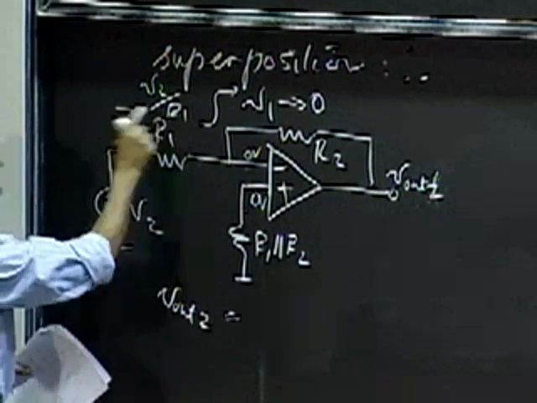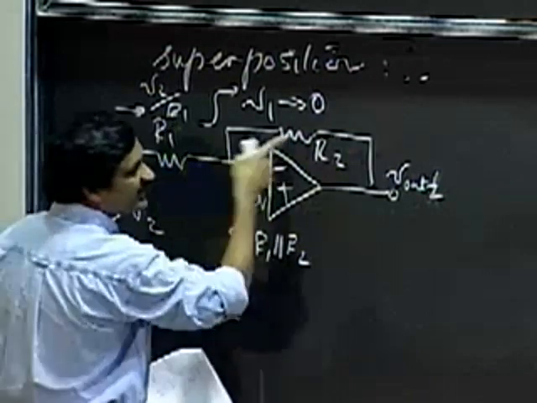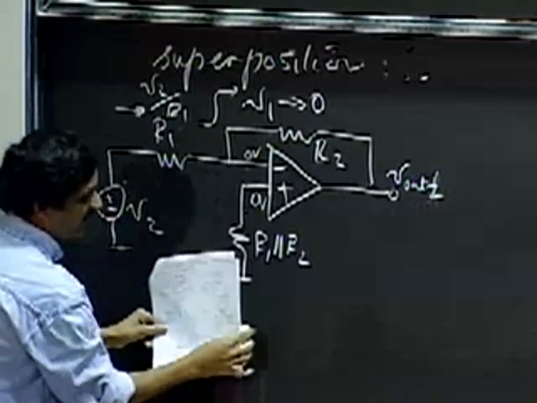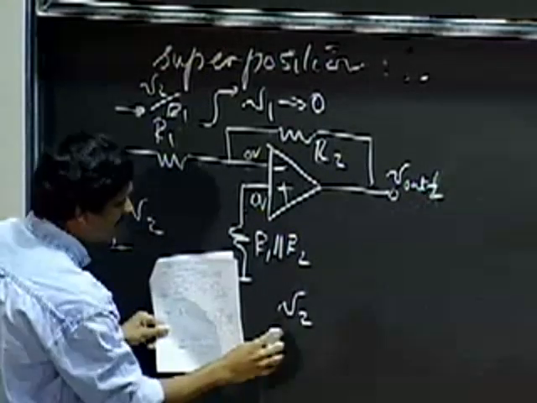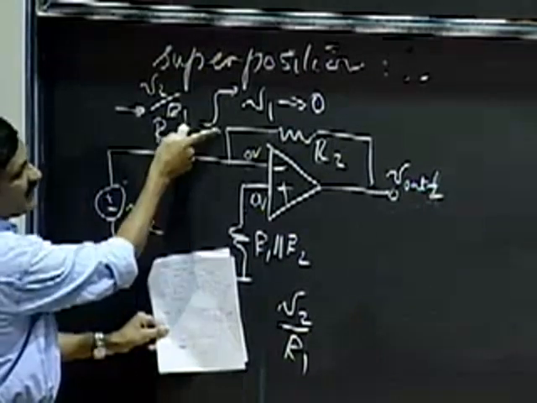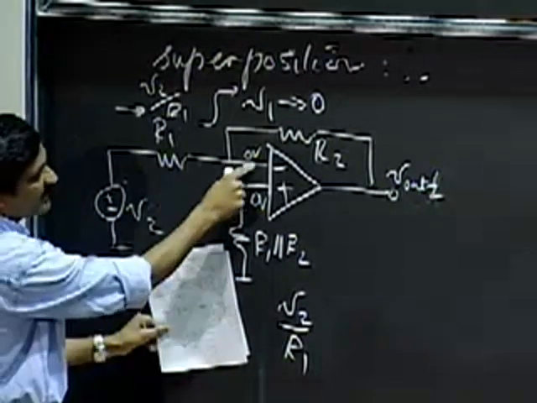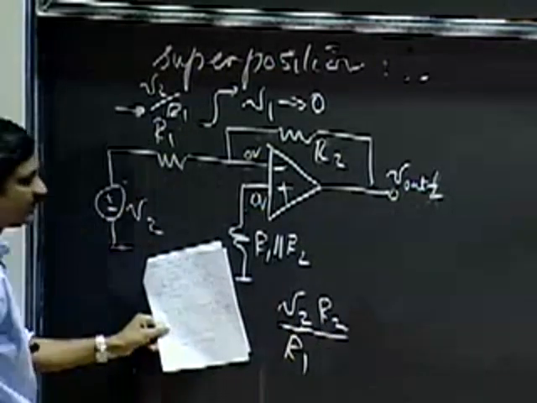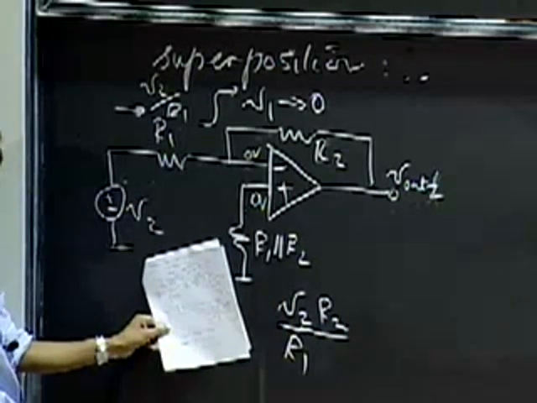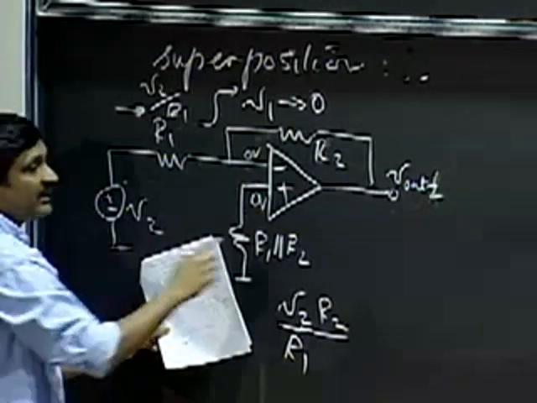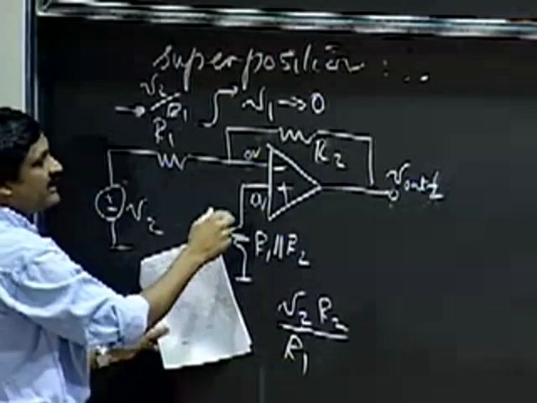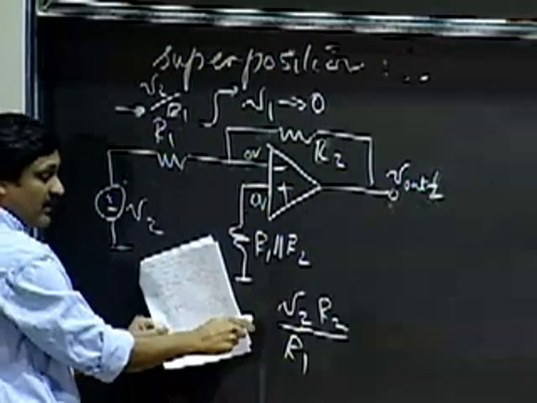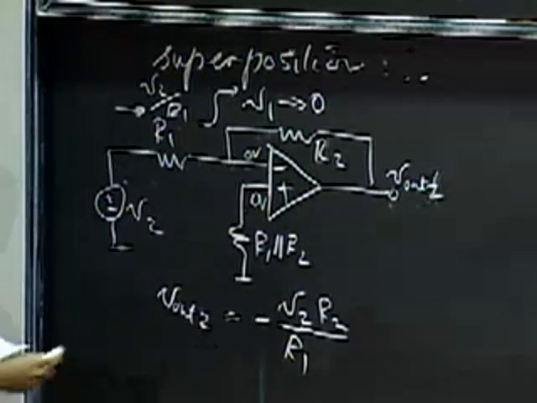If the current V2 divided by R1 flows through this resistor, the drop across this resistor is V2 over R1 multiplied by R2. This voltage is simply 0 minus the drop across the resistor.